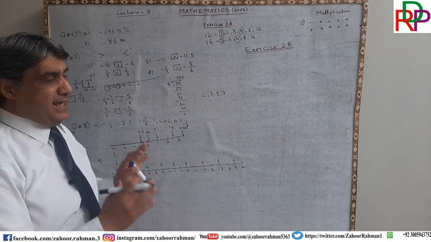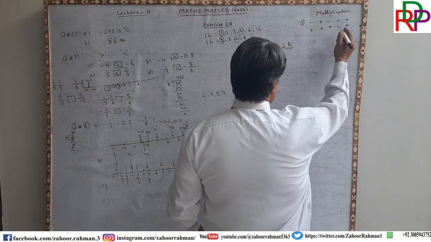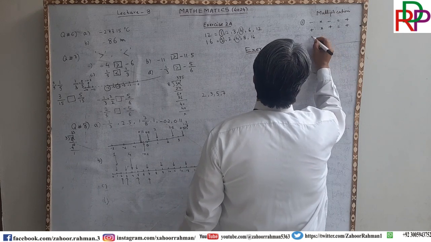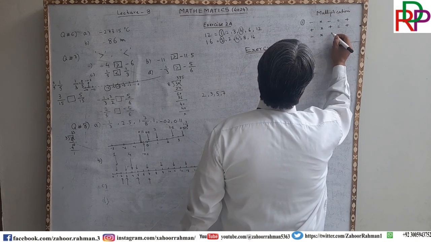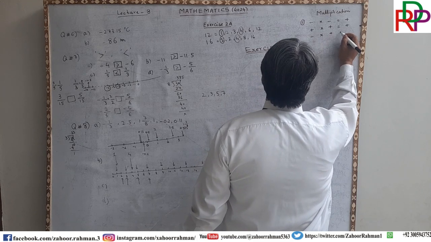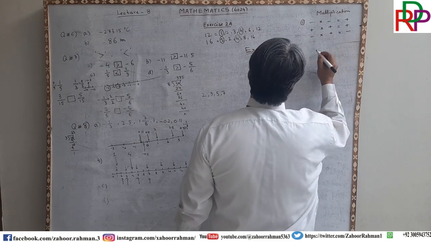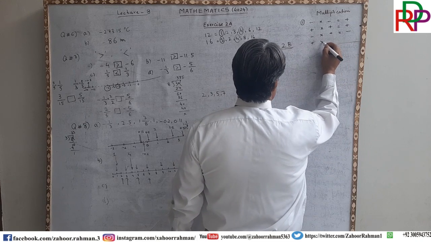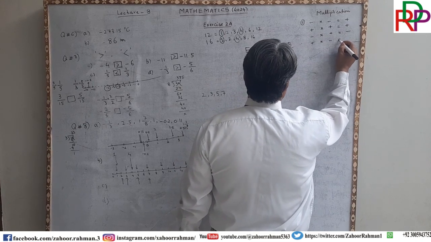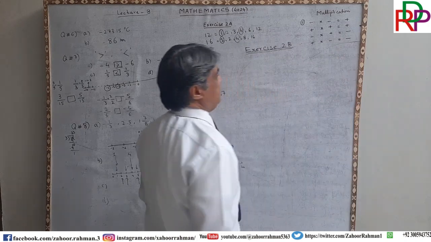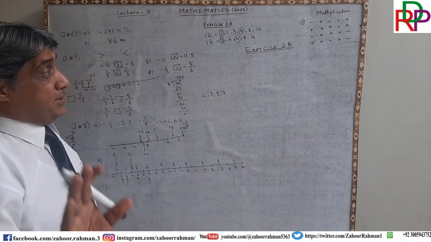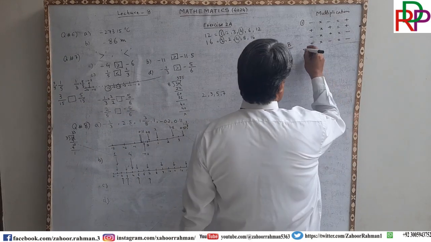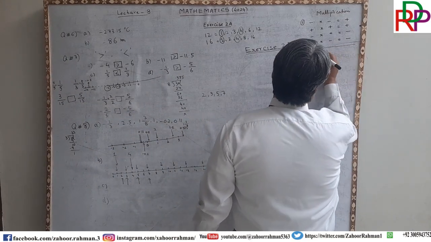Multiplication of same signs gives you positive. But if they are different, one is negative and one is positive, it will give you negative. Remember these rules for multiplication.